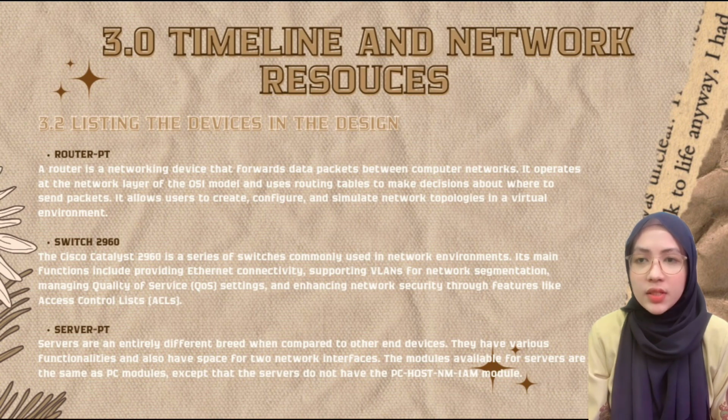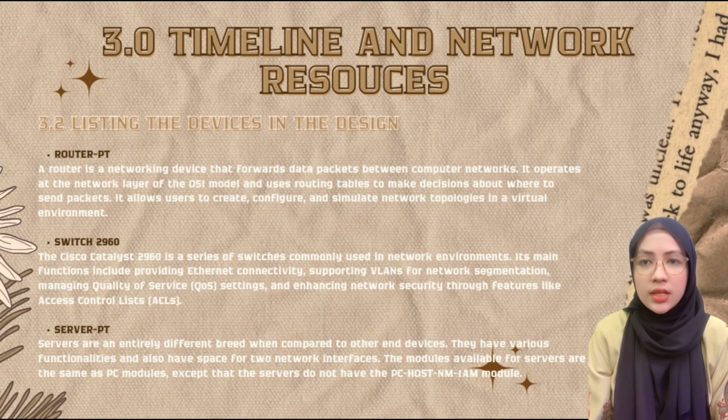The Cisco Catalyst 2960 is a series of switches commonly used in network environments. Its main functions include providing Ethernet connectivity, supporting VLANs for network segmentation, managing quality of service settings, and enhancing network security through features like access control lists.